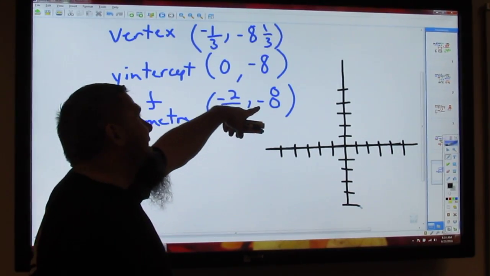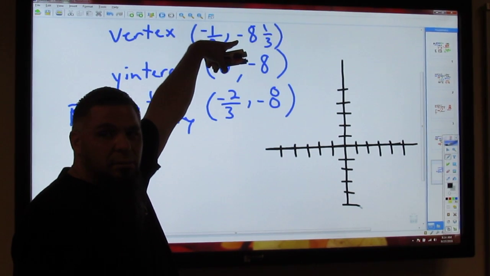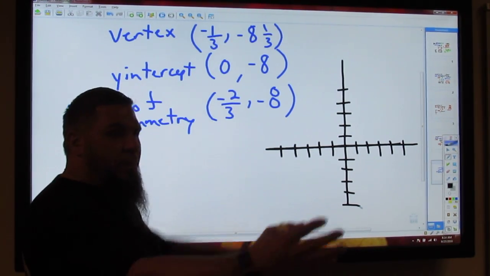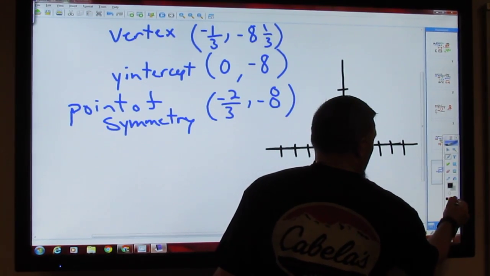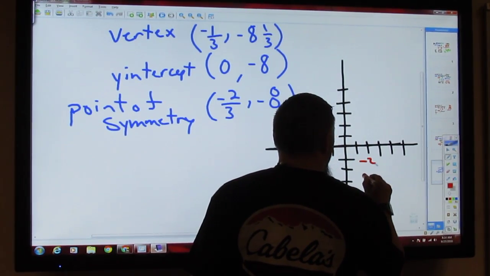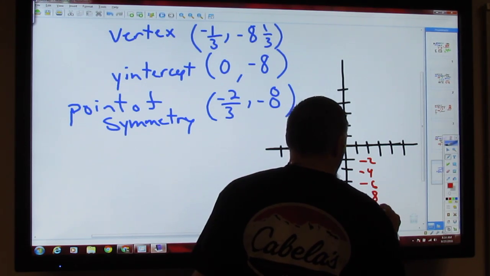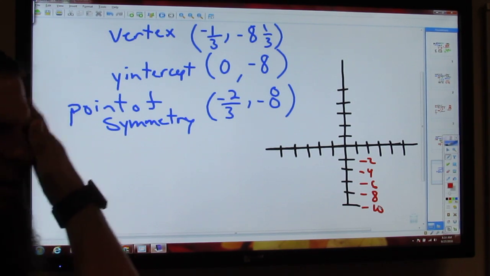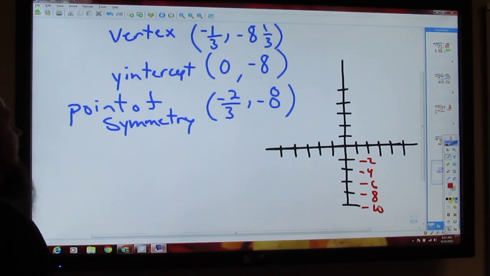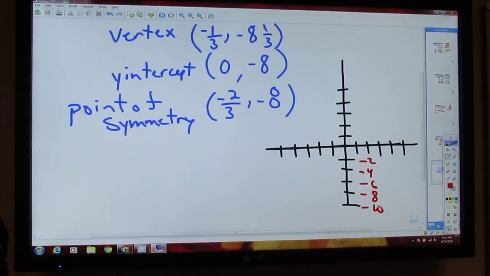We need to go to negative 8 and negative 8 1/3. So go by 2s: negative 2, negative 4, negative 6, negative 8, negative 10. What else do I need? I need x's, but these x's are negative, and 0.